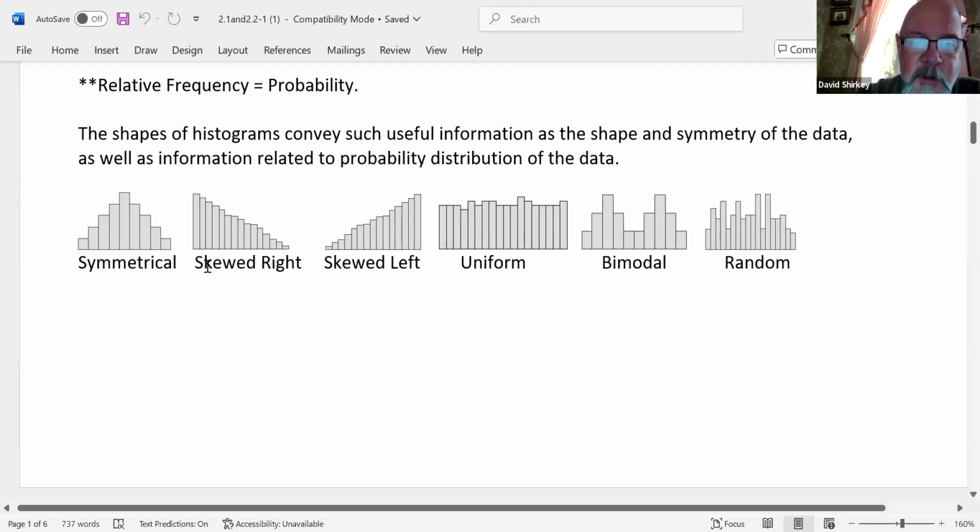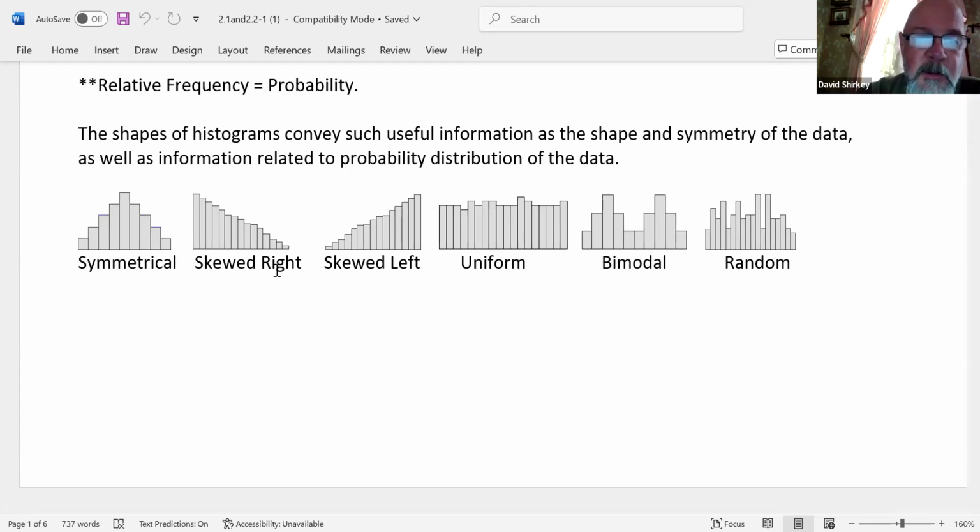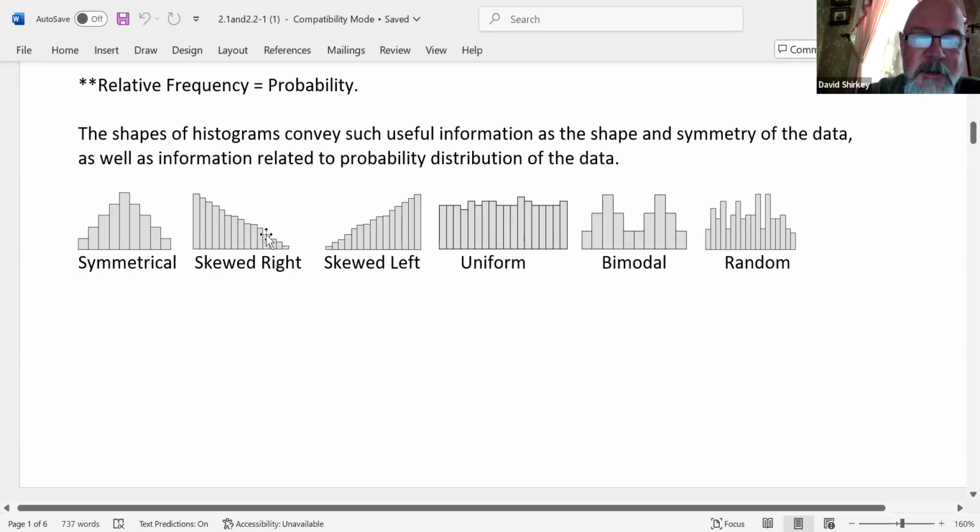These next two people get mixed up, so watch out for that. Notice when you're on the far left, you're in the higher bars, and as you go to the right, the frequencies of those bars get less and less. That's referred to as skewed right. And often people mix up skewed right and skewed left, right? But it's skewed to the tail end of the data.